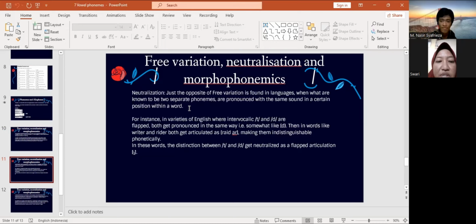Then in words like breather and bredder, both get articulated as a flap, making them indistinguishable phonetically. In these words, the distinction between T and D gets neutralized as a flap articulation. Next slide.